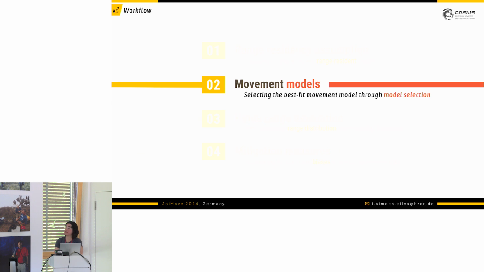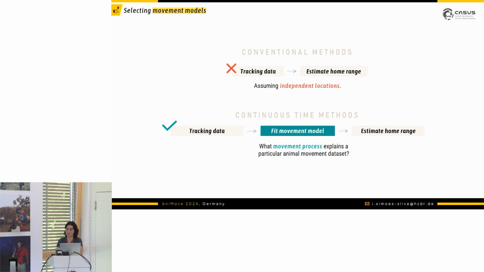Okay, so once we have the confirmation of range residency, the next step is to select the best fit movement model through model selection. Again, this is where the big difference between the conventional methods and the continuous time methods comes into play. It's because there's this step of fitting a movement model before estimating the home range. We're not making any assumptions. We're trying to figure out which of the movement processes available to us can actually explain my animal's movement better.